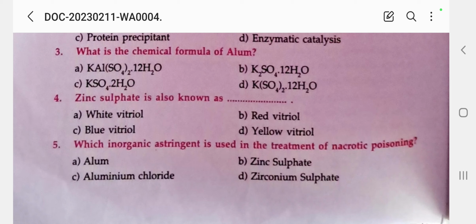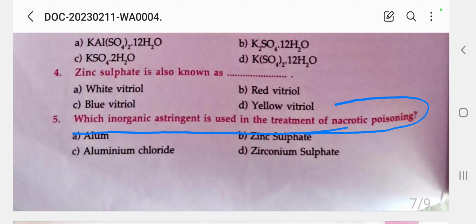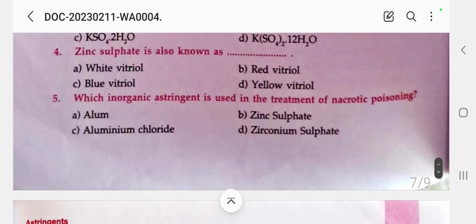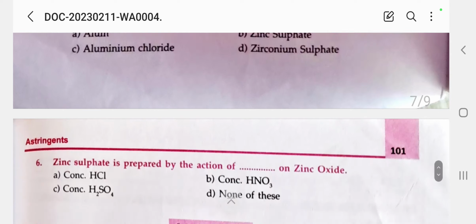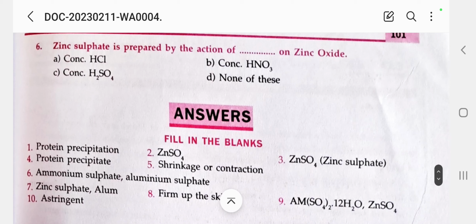Next, which inorganic astringent is used in the treatment of narcotic poisoning? Here zinc sulfate is used in narcotic poisoning. Next, zinc sulfate is prepared by the action of acidification with sulfuric acid.